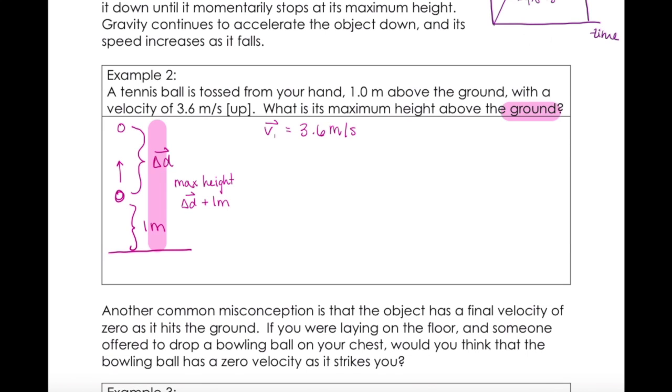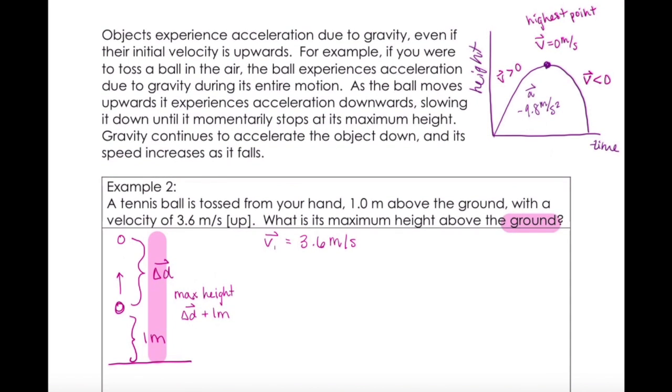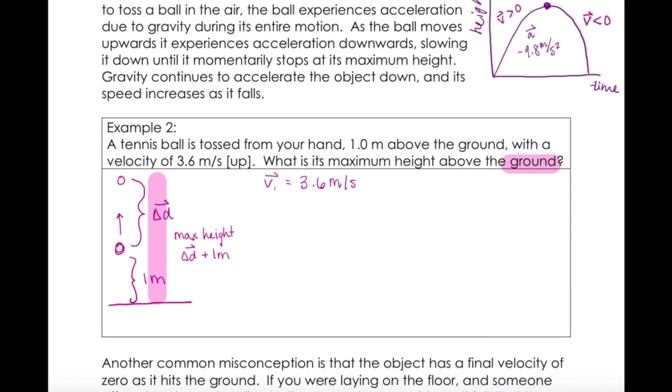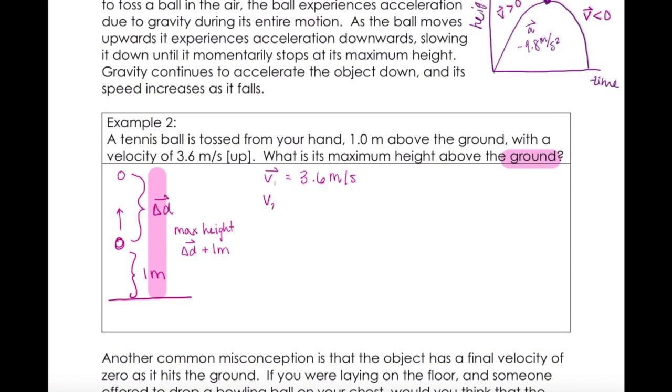If you think about it, if it's reaching its highest peak, just like from this graph, the highest point is going to be 0. So V2 is going to be 0 meters per second. And then we also know acceleration because gravity is working upon this object. So acceleration is going to be negative 9.8 meters per second squared. Okay? And then we're trying to find delta D.